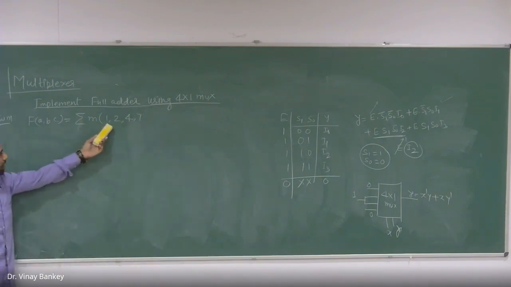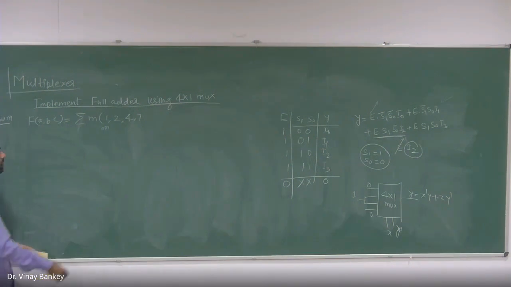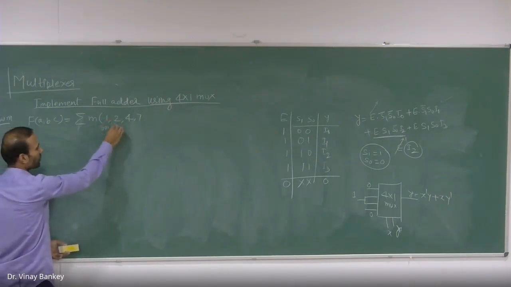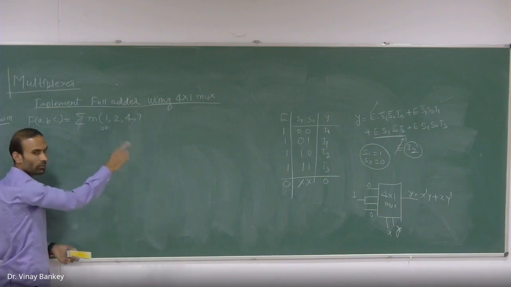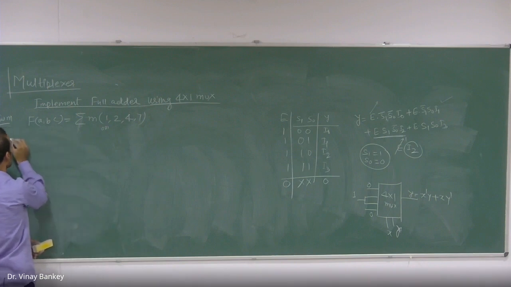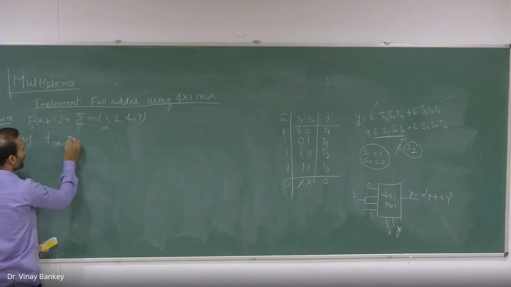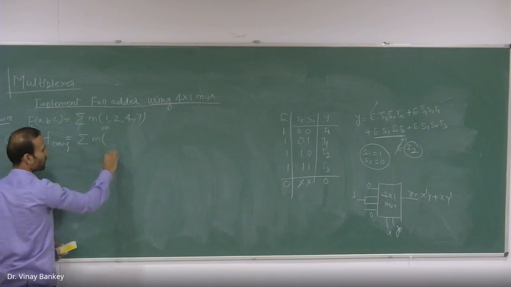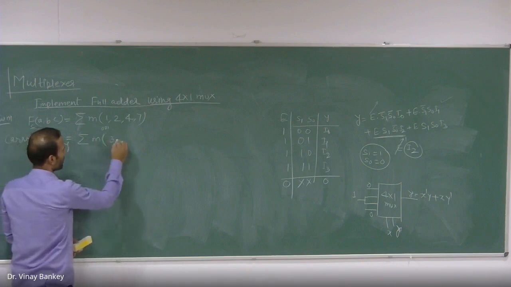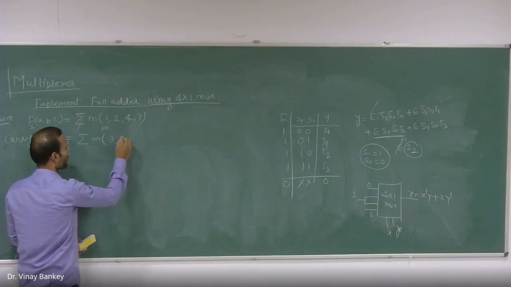Remember this, whenever there is an odd number of ones in the combination, that will generate the sum. Because for 1 it is 0, 0, 1, for 2 it is 0, 1, 0, for 4 it is 1, 0, 0, and for 7 there are 3 ones. And what are the carry minterms? Please take another student, otherwise we will be solving the wrong question. 3, 5, 6, 7.